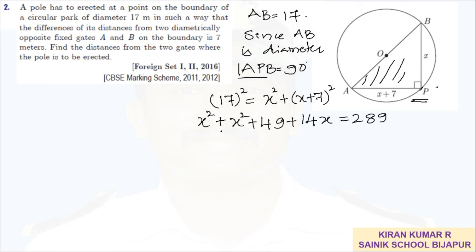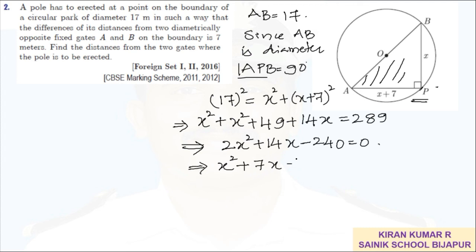So x square plus x square is 2 times of x square plus 14x minus 240 equal to 0. This equation has got multiple of 2 as each term. So let me divide each term by 2. So x square plus 7x minus 120 equal to 0 will be the equation.